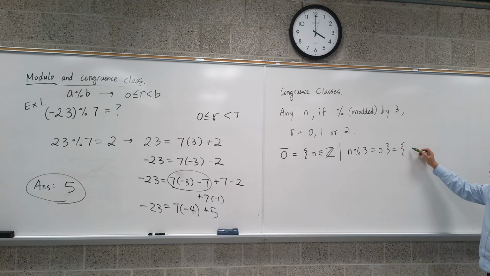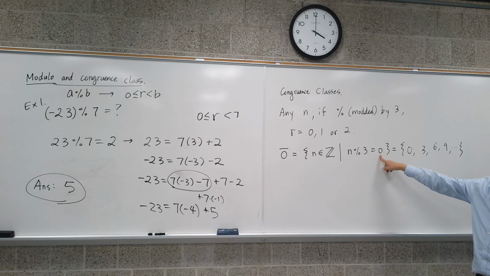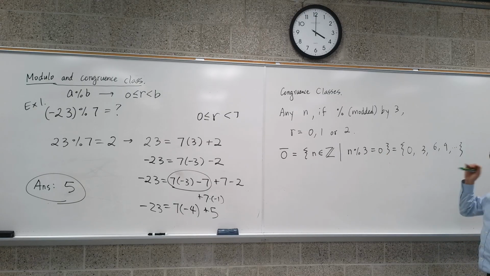So you have 0, of course, and you have 3. What's another one? 6, 9. These give you 0 when you mod by 3, right? And the negative ones as well. So you can have plus or minus 3, plus minus 6, plus minus 9.